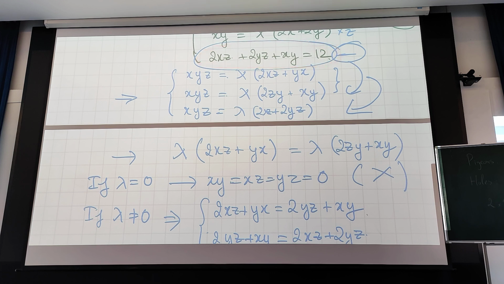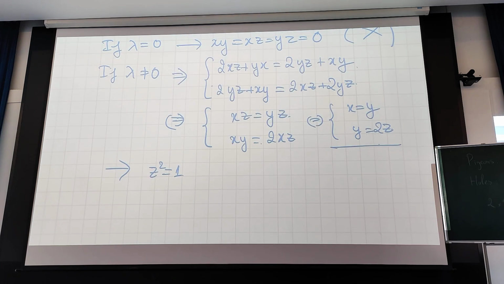Keep in mind that we assume z is positive, right? So z can only be equal to 1.